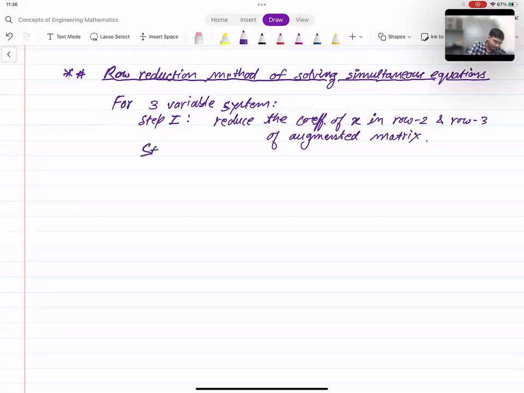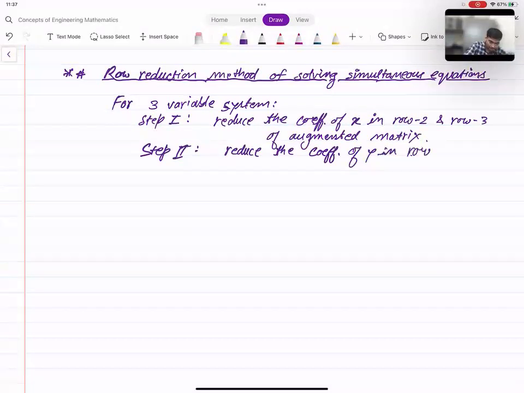Now the next step will be again very similar, that here we have to reduce the coefficients of y in row 1 and row 3 of augmented matrix.